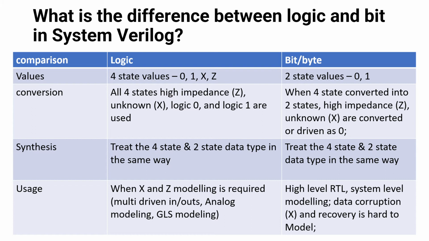They have only logic 0 and logic 1. In case of conversion, suppose we are converting a 4-state value into a 2-state value like logic into bit or byte, the 4-state converted into 2-state will drive only logic 0 or logic 1. It cannot drive high z and x. In case of high z and x, it will be converted to a 0.